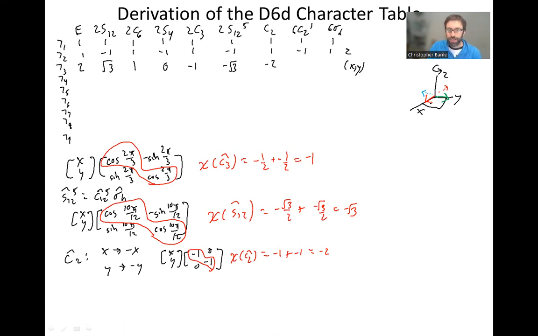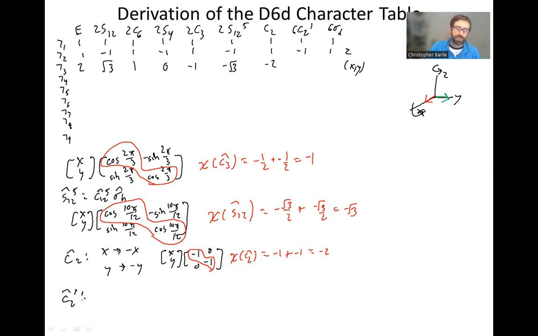Okay, and then we have a C2 prime. For the C2 prime, we have to define it as we did before, which is one of the C2 primes we defined as being coincident with the x-axis. When we do this, we're rotating something 180 degrees along the x-axis, but rotating along that axis is not going to change anything.